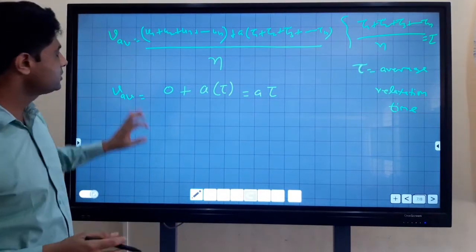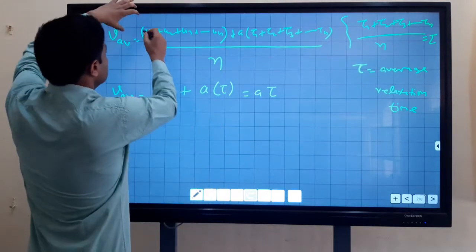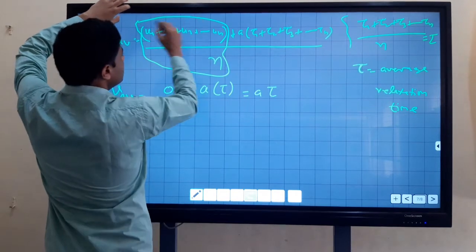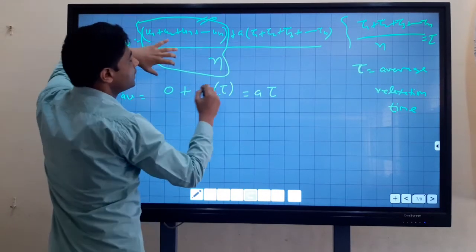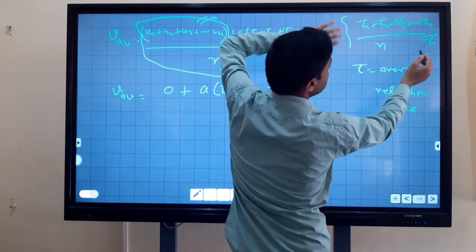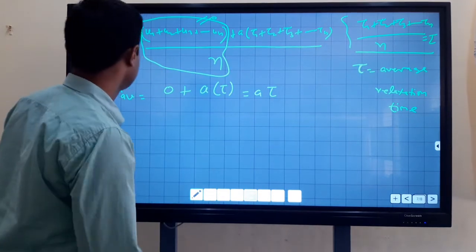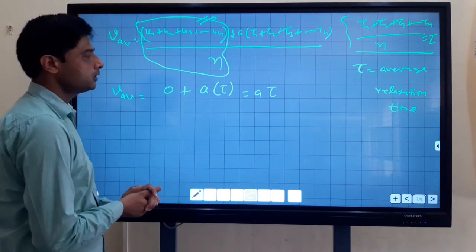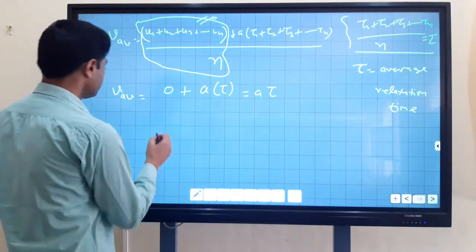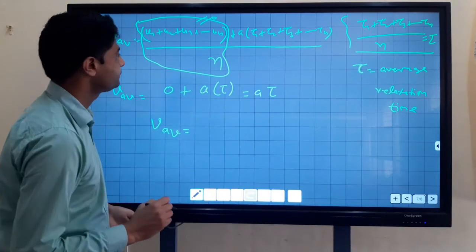So V average equals a tau, because the first term is 0 and tau1, tau2, tau3 up to tau n averaged is the average relaxation time tau. It means V average equals a tau, and the average velocity is equal to the drift velocity.